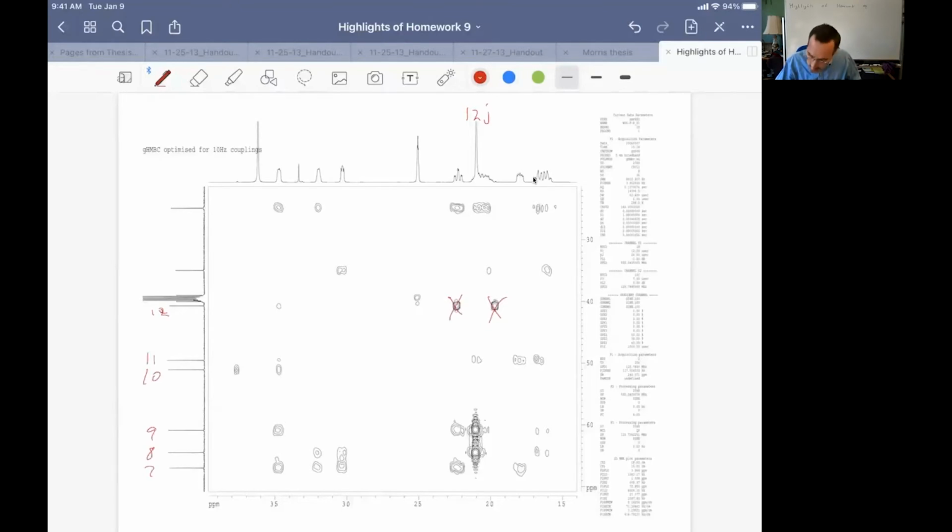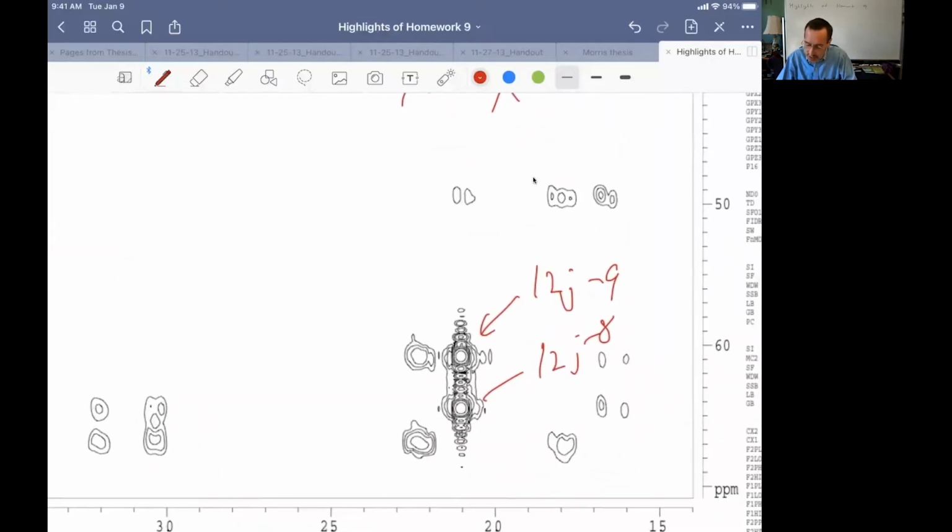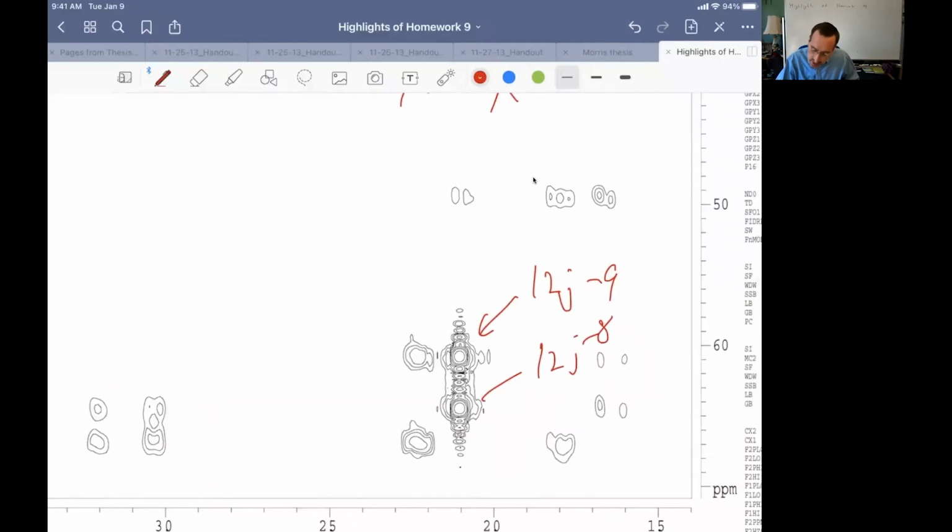And we see only 2 cross peaks off of this isolated methyl. 12J crosses with 9 and 12J crosses with 8. And if you have any doubt in your mind, you can look at these cross peaks. They're gigantic. These are some of the artifacts that come up from the processing of the spectra.